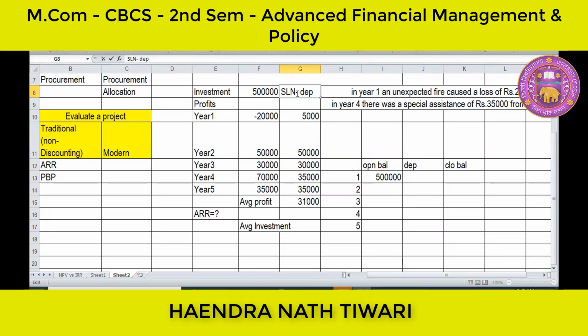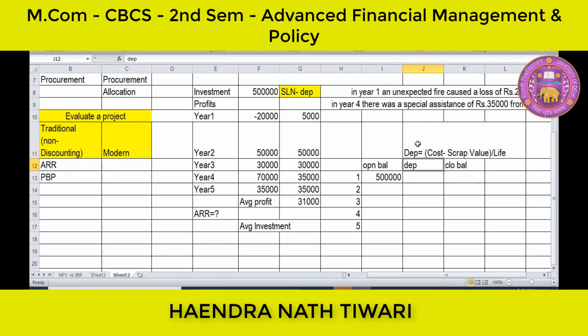So this entire 5 lakh, using the straight line method of depreciation, will be depreciated to 0. How do you determine the depreciation? Depreciation is equal to cost minus scrap value, or salvage value, whatever you call it, divided by life of the asset.